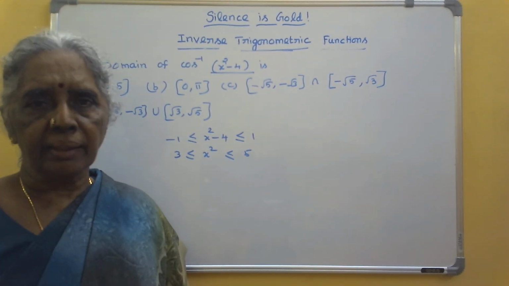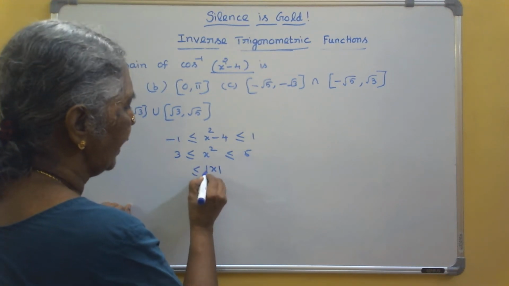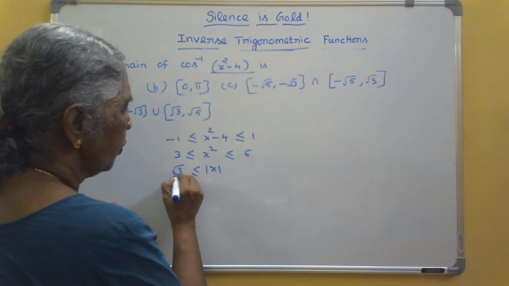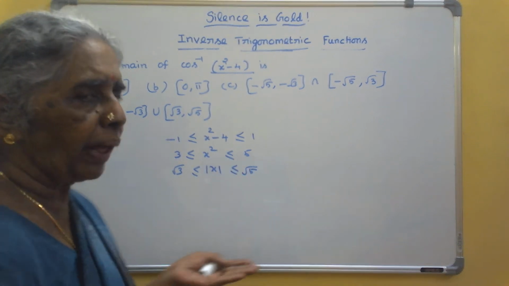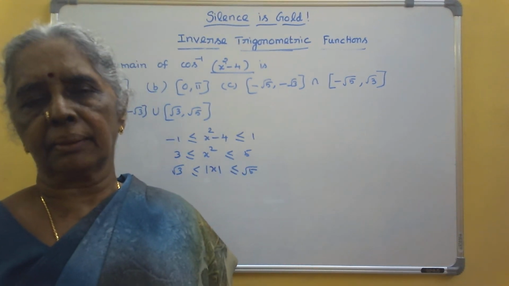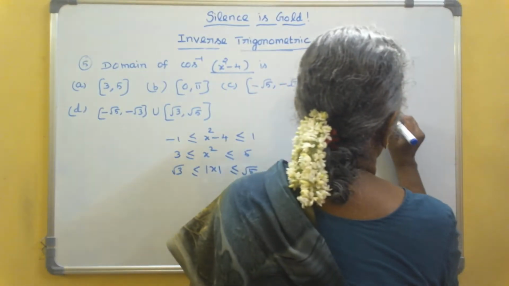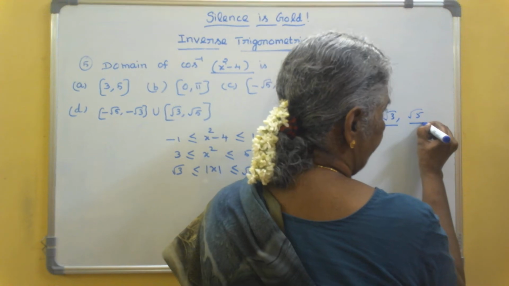I can write it like that, or here I can write mod x, because this can be either plus or minus. So if I am just writing the plus, automatically I have to apply both plus and minus. So first let me consider root 3 and root 5. This is the lesser one and this is the greater one.